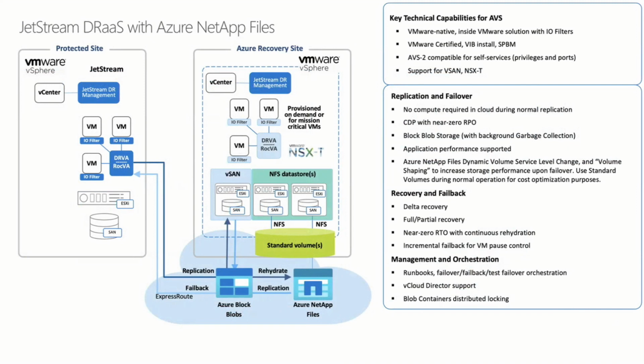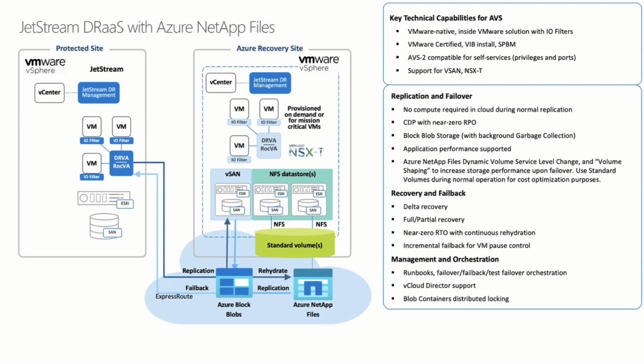The architecture is very similar to what Dennis covered. The protected side architecture is exactly similar. The one on the recovery side is also similar. What you see here is ANF becomes the layer serving the data store, and there is continuous rehydration configured. And as I mentioned, these ANF volumes serving the data store can be configured to land in the lowest performance, cheapest ANF tier, which is the standard tier.